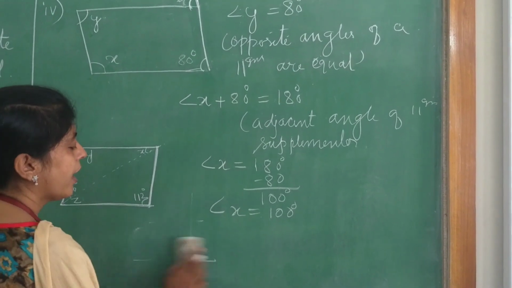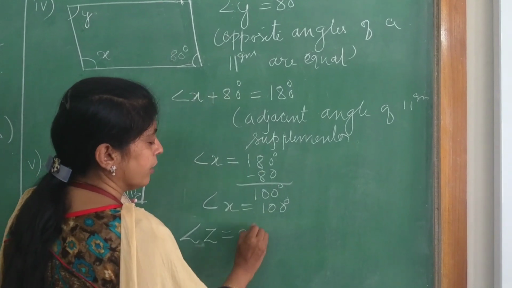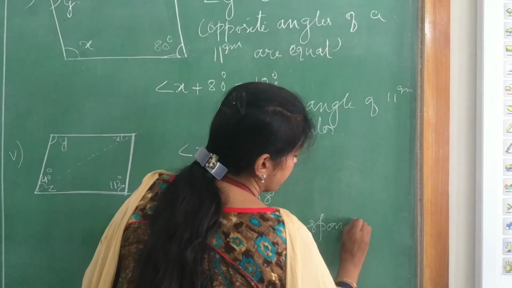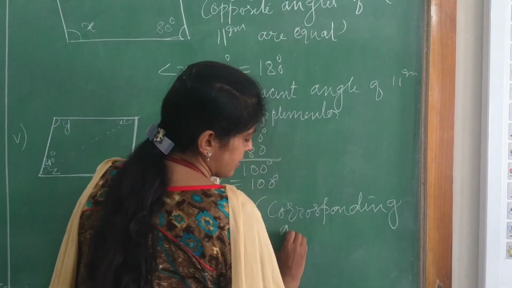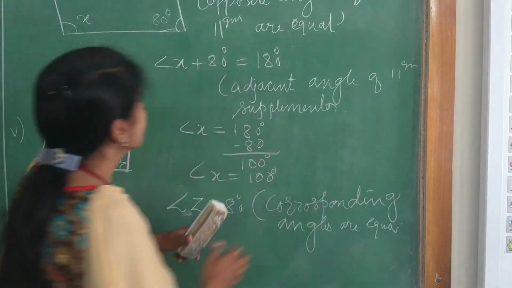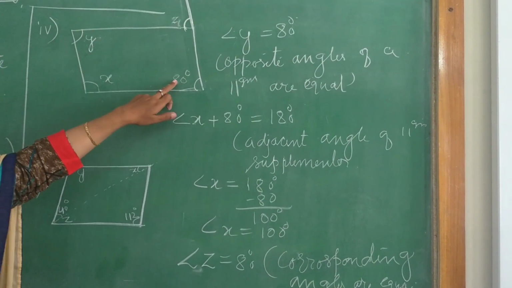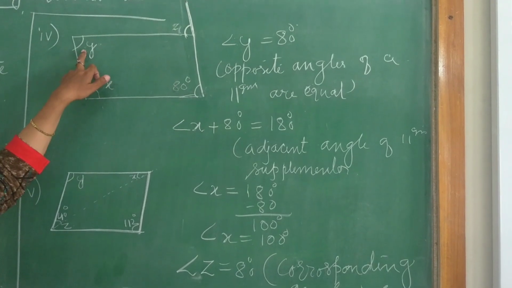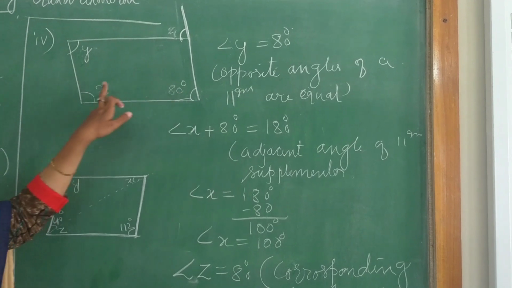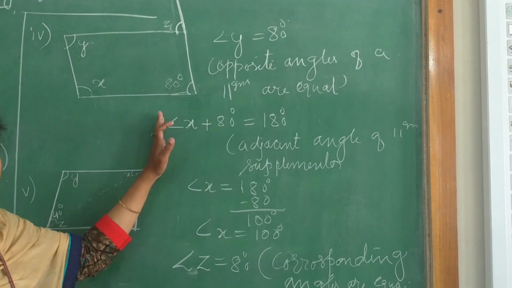So therefore I can write angle z is equal to 80 on the basis of corresponding angles are equal. So we found y by taking the property of the parallelogram that opposite angles are always equal. The adjacent angles are supplementary. We found x, and we found z by corresponding angles are always equal.